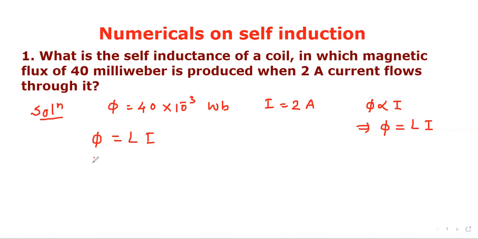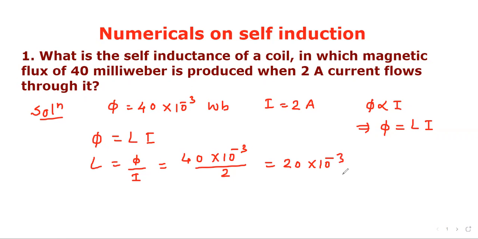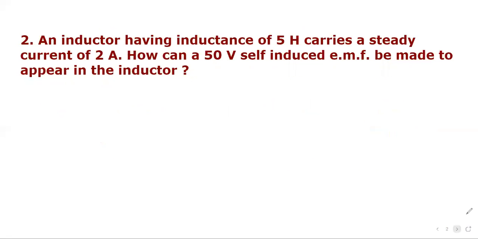Our purpose is to get L, so phi upon I. We put the values 40 into 10 to the power minus 3 divided by 2, which will be equal to 20 into 10 to the power minus 3 or 2.0 into 10 to the power minus 3 Henry. Let's see next question.